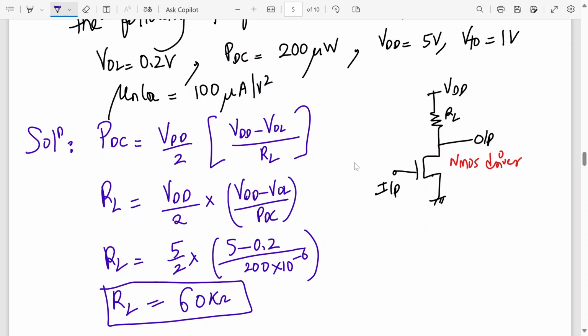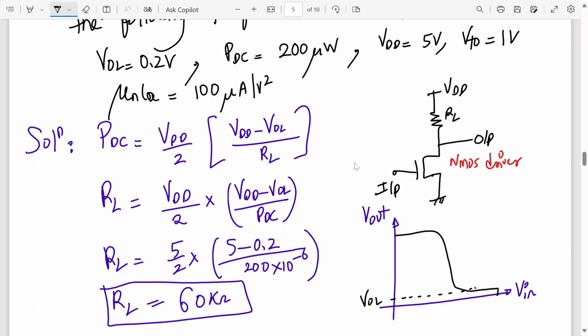Okay. Let me draw something, that is the VTC curve, and point out an important observation over here. Since they have given the value of VOL, that means they are sure that this will fall in this range. This is VOL. When the output is equal to VOL, that is very very small, what happens to the input?